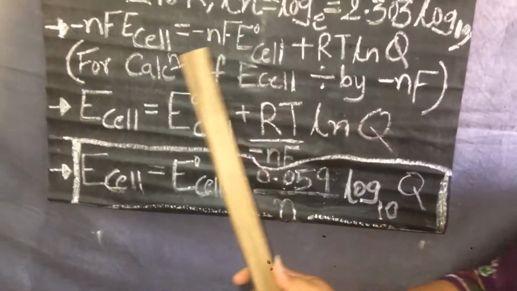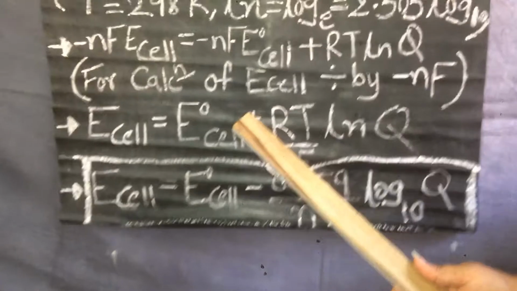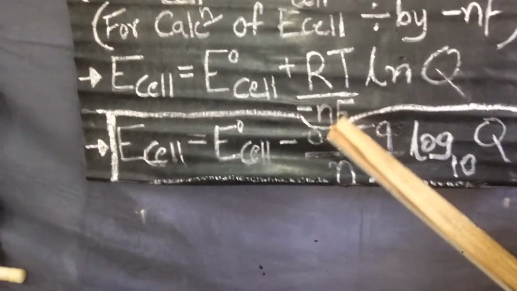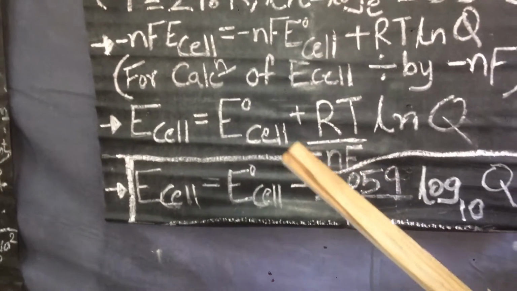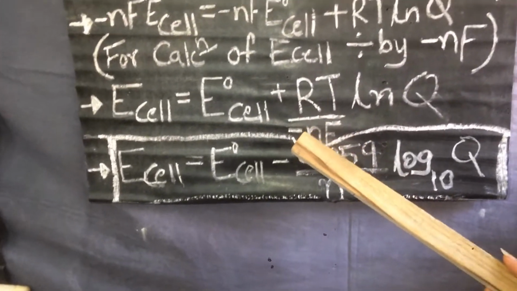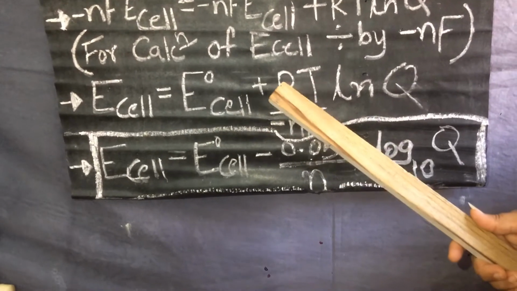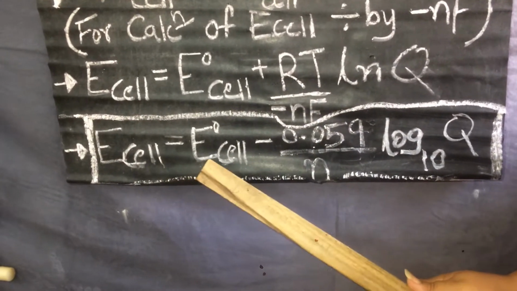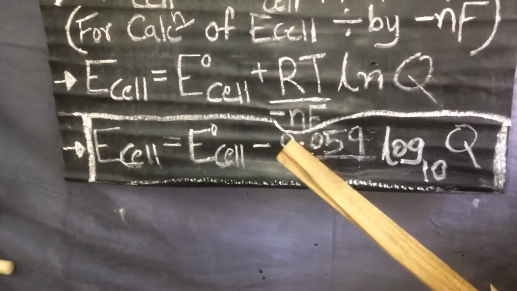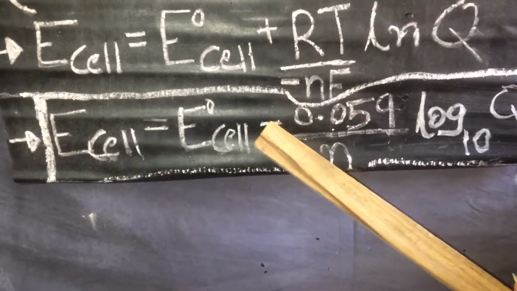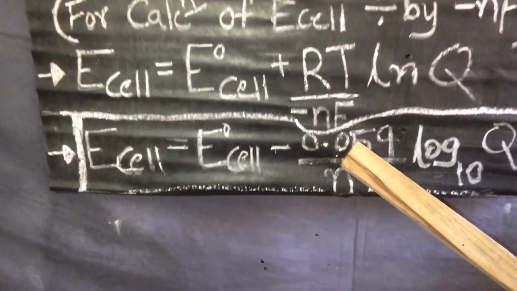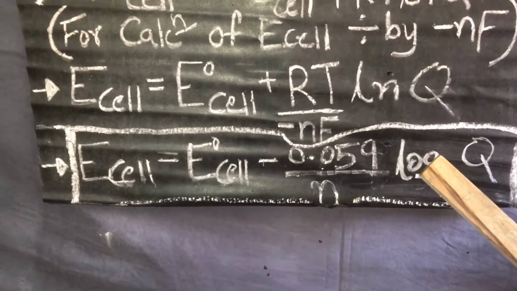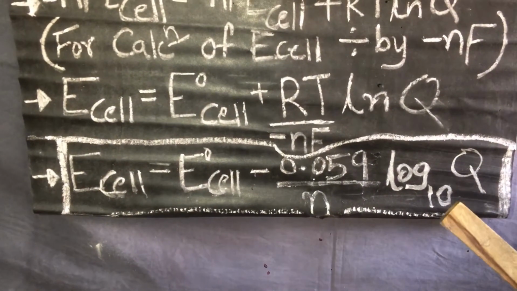Making them into the standard form, please pay attention to plus and minus. It is again a rule that the denominator will never stand with a negative. So multiplying this negative to the numerator, we will get E cell is equal to E standard cell minus 0.059 upon n into log Q base 10.